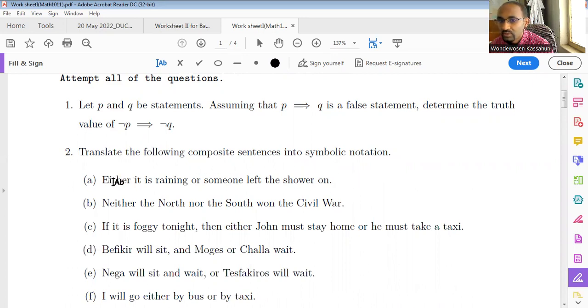So either or means one of the two, alternatively. So the symbolic notation would be P or Q, where P is it is raining and Q is someone left the shower on. So simply P or Q.